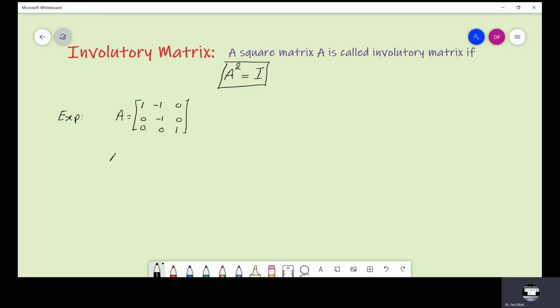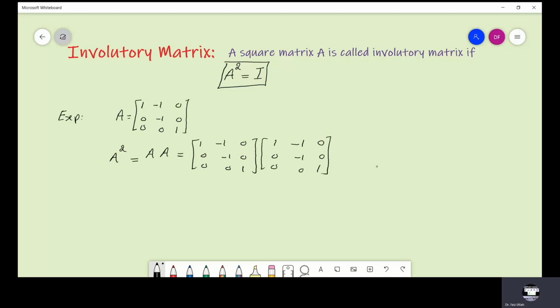Now, if we obtain A square which is equal to A into A, in that case we can write 1, minus 1, 0, 0, minus 1, 0, 0, 0, 1. And again, we can write matrix A, which is 1, minus 1, 0, 0, minus 1, 0, 0, 0, 1.